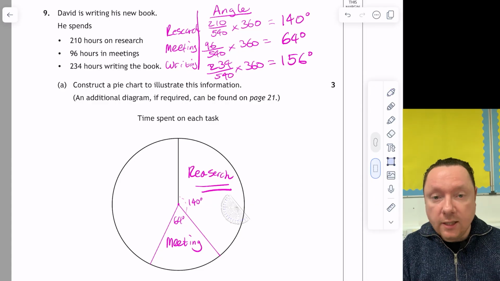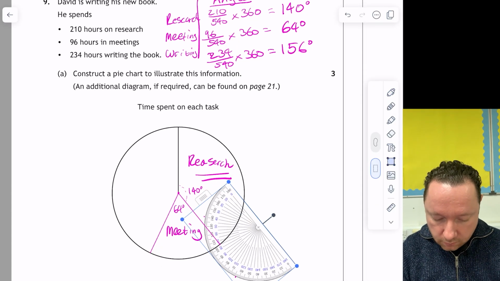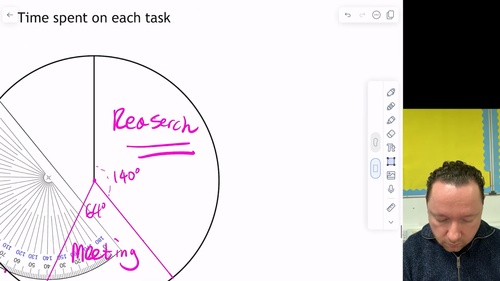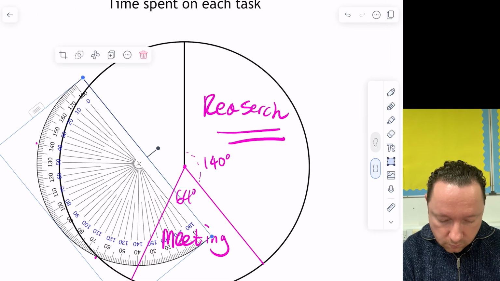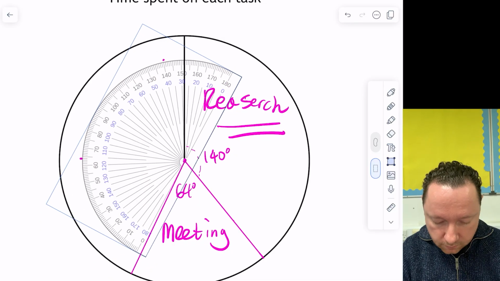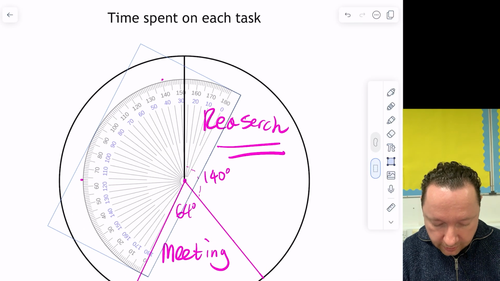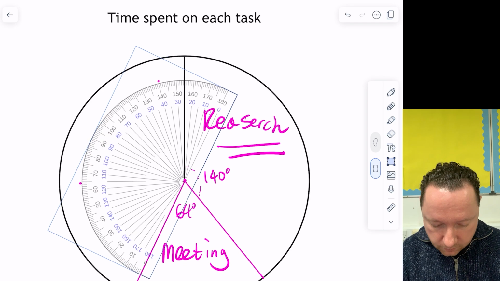So let's just get our protractor and do that. Putting the protractor in the middle again, lining that up through the 0.